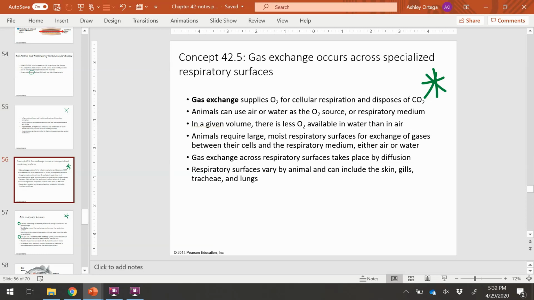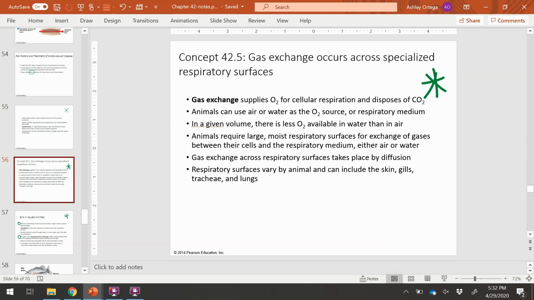But for any given volume, there's going to be less oxygen available in water than there is in air. So it's much easier to get the oxygen needed from air than water. Evolutionarily speaking, air is much more efficient for animals, and would thereby be the adaptation that animals have made from moving from water to air.